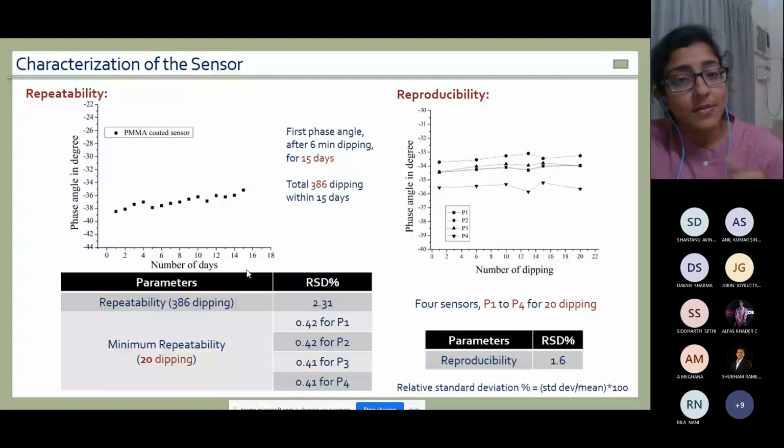You need to check those things extensively, not just two sensors you make and check. You have to take lots of sensors, because there is a probability that two sensors give a similar kind of result, but maybe the third sensor does not. It is not that you will luckily get this result.